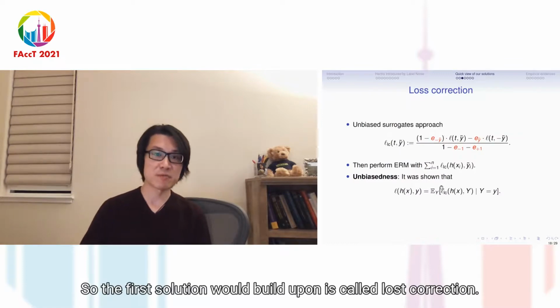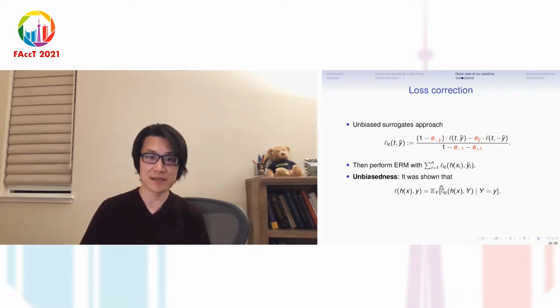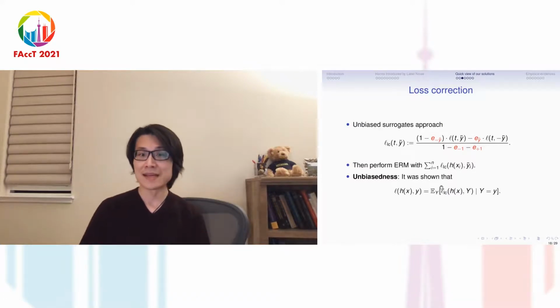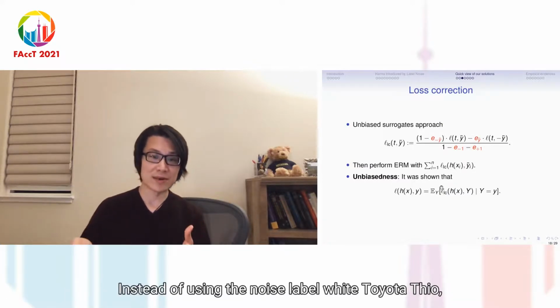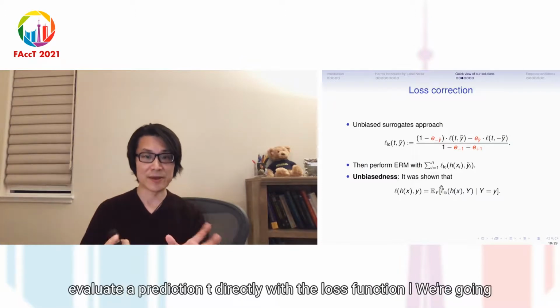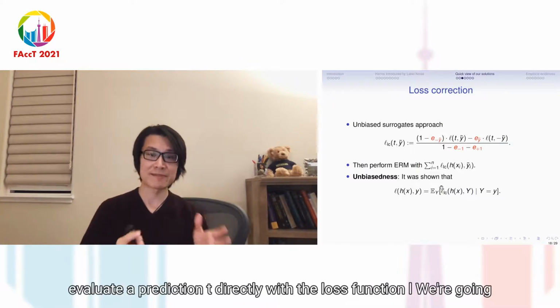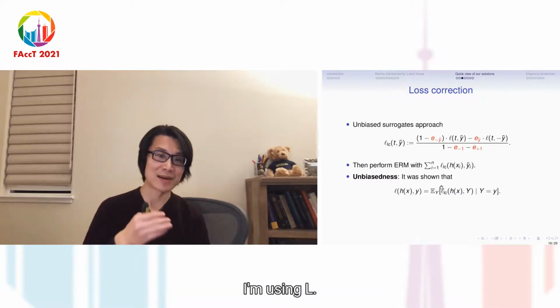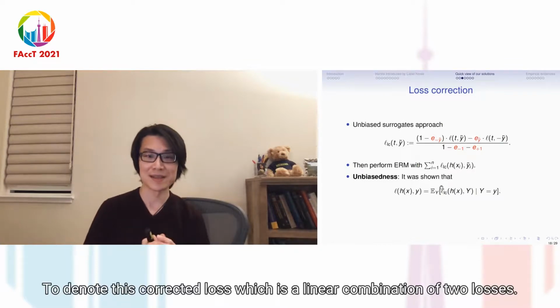So the first solution we build upon is called loss correction. Loss correction defines a surrogate loss in the following way. Instead of using the noisy label y tilde to evaluate a prediction directly with the loss function L, we are going to define a corrected loss. Here I'm using LC to denote this corrected loss, which is a linear combination of two losses.